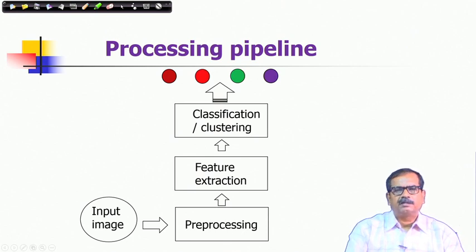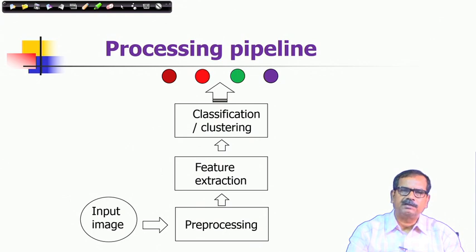In the context of image processing, computer vision, and also video processing, how are clustering and classification placed in this processing of information? As you can see, it is a very high level processing of information. At the lower level, from the images we would like to derive a certain representation of data in terms of feature extraction.